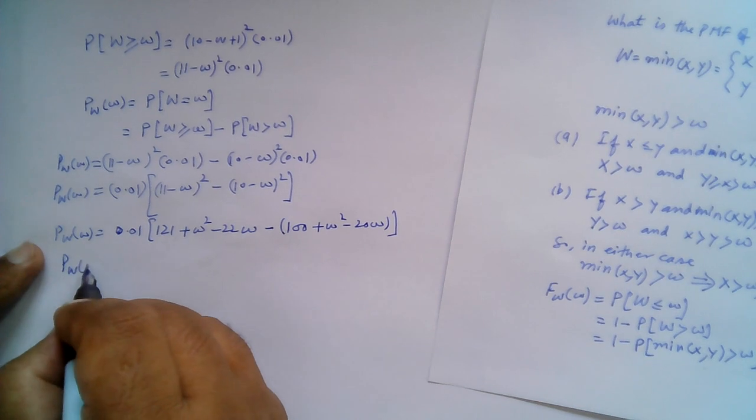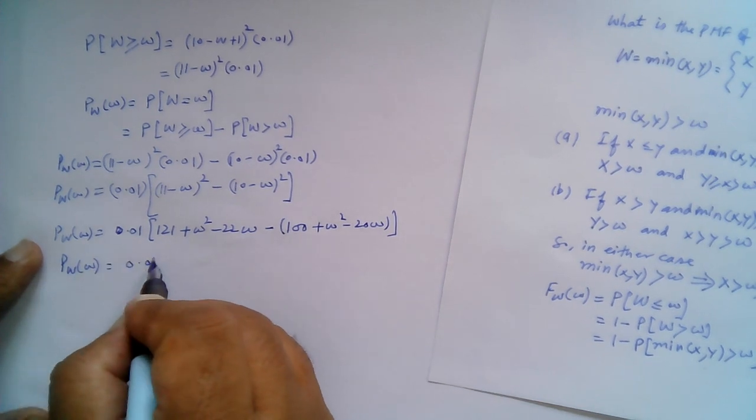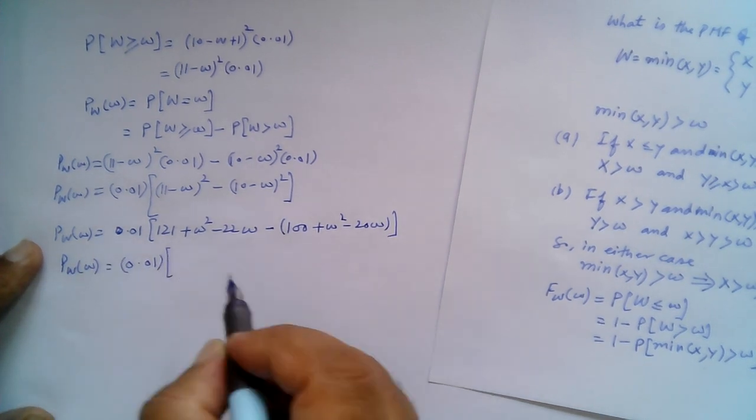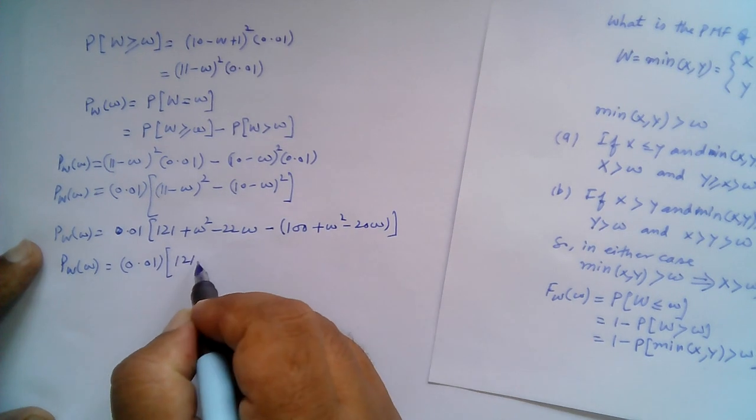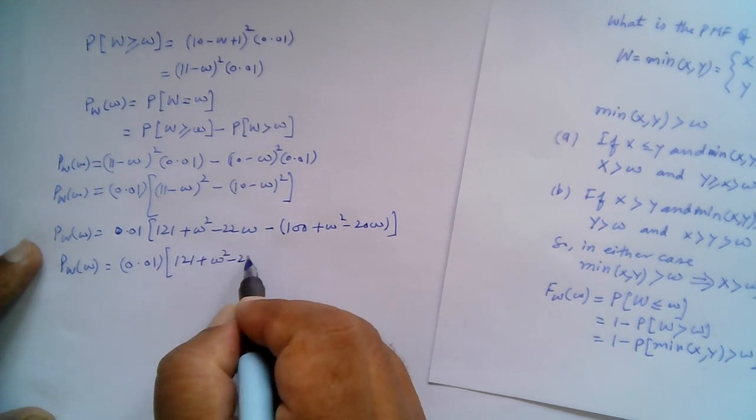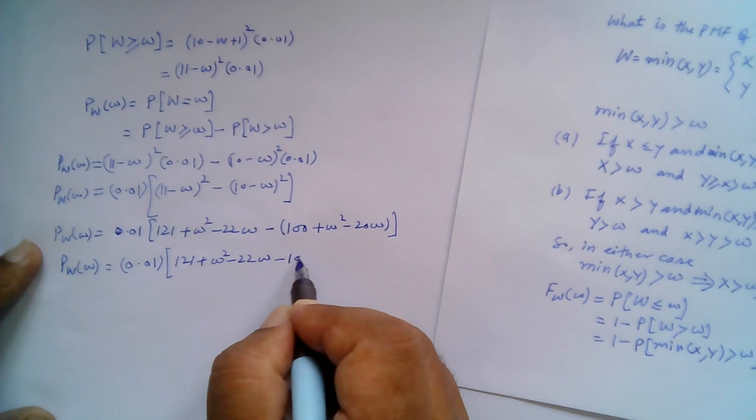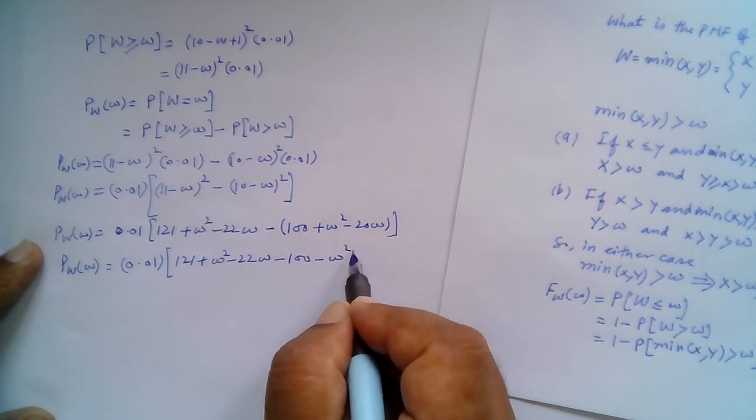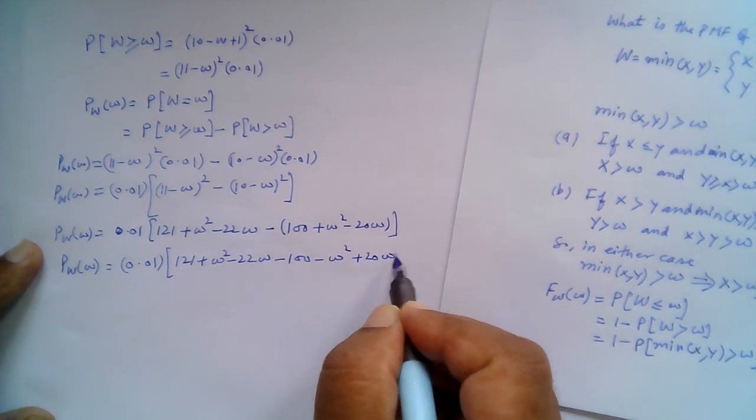So 0.01, right? This is 121 plus w squared minus 22w minus 100 minus w squared plus 20w.